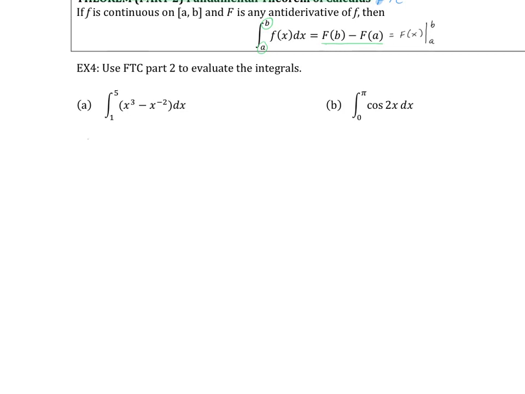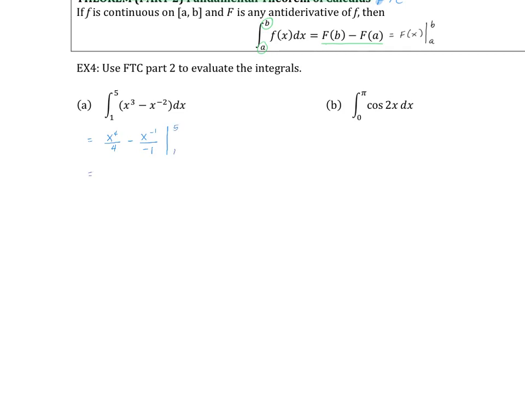The antiderivative of x to the third minus x to the negative 2 is going to be x to the 4 over 4 minus x to the negative 1 over negative 1. So we're going to evaluate this antiderivative from 1 to 5.